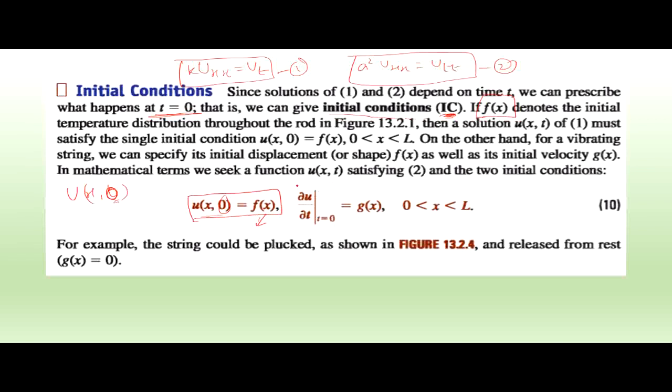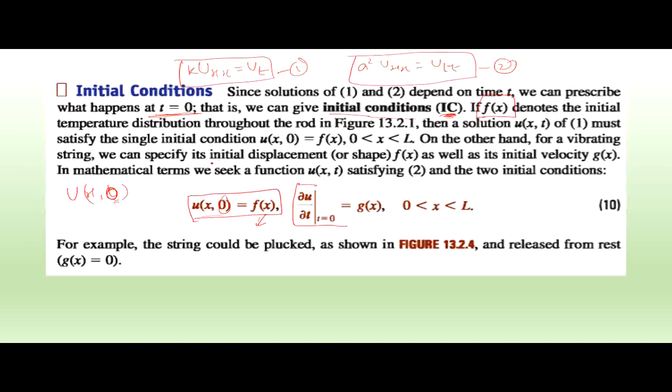Next, what do you mean by derivative of u with respect to t? u is displacement. The derivative of displacement with respect to time is velocity. For heat, it is not.